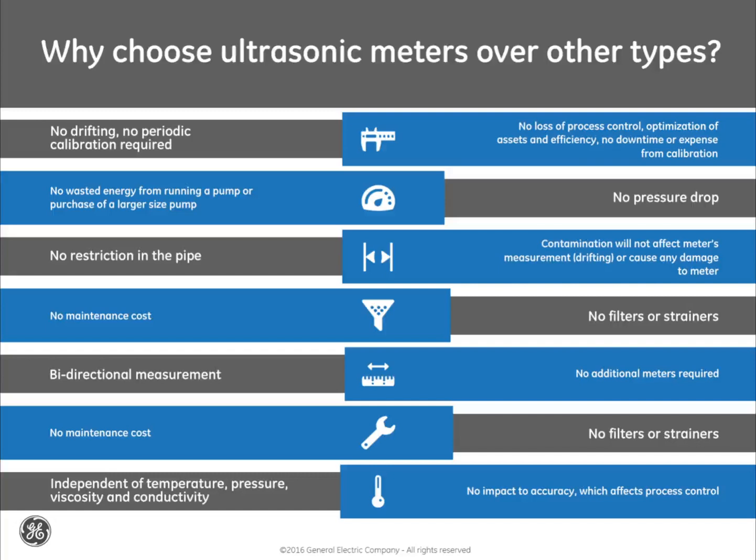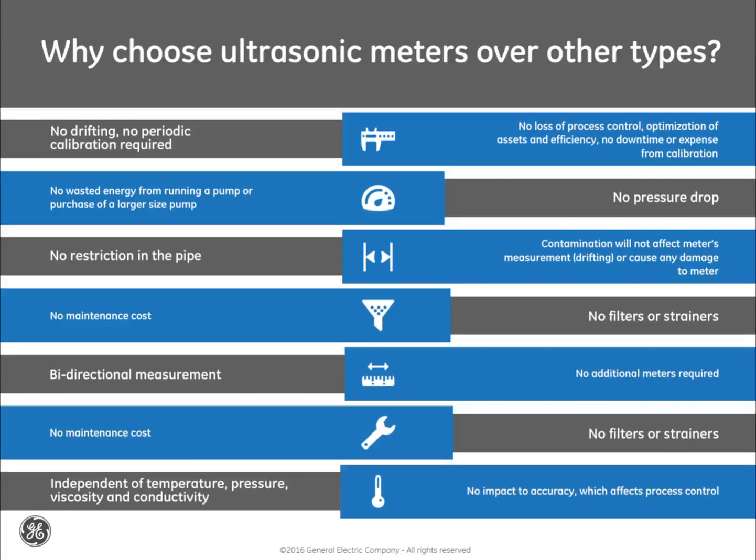Also, no calibration or periodic maintenance is required once installed. Calibration maintenance translates into both extra cost and extra time to maintain the flow meter. With ultrasonic flow meters, the sensors do not cause a pressure drop and do not waste energy. Ultrasonic meters also do not cause restriction in the pipe, require filters or strainers, or have any moving parts.